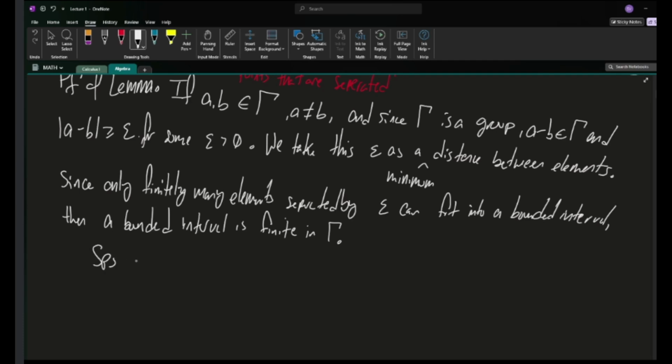Suppose gamma is not trivial. Then gamma includes b that's not equal to 0.